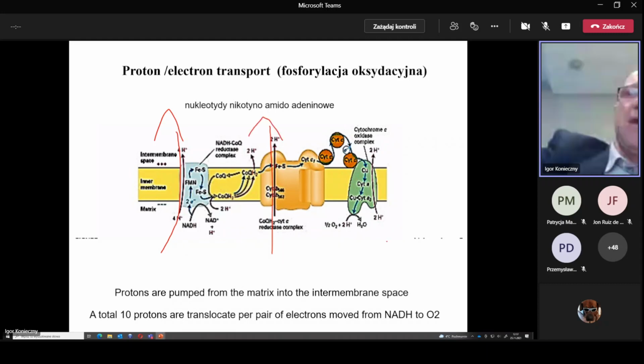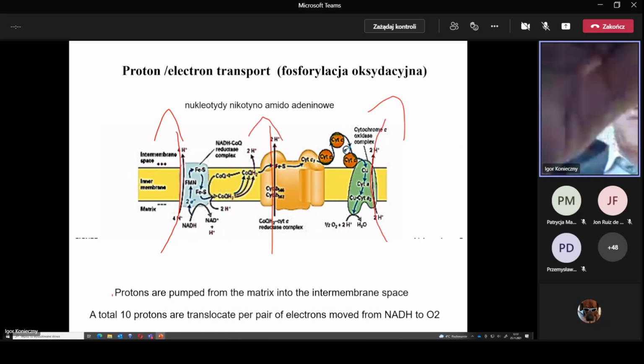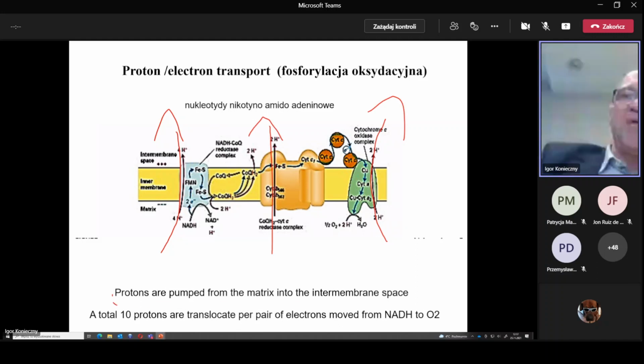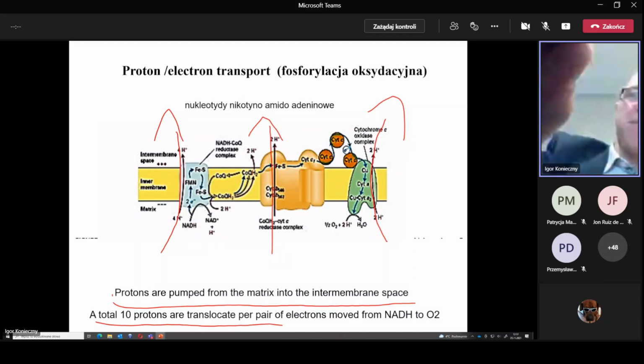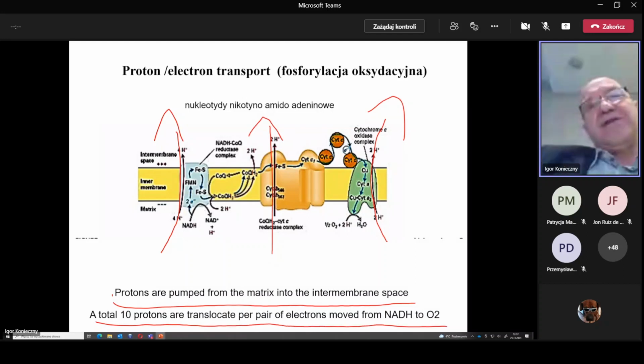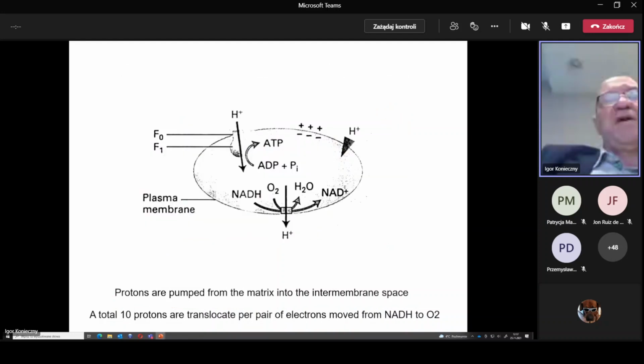Okay. So protons are pumped from the matrix into the intermembrane space, and protons are translocated per pair of electrons moving from NADH to oxygen. And this results in a proton gradient. And then ATP synthase activity is driven to create ATP from ADP and phosphate.